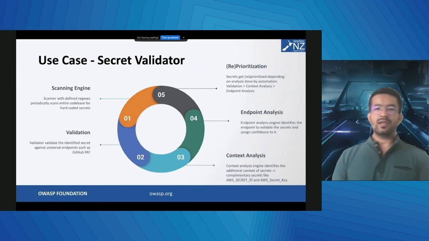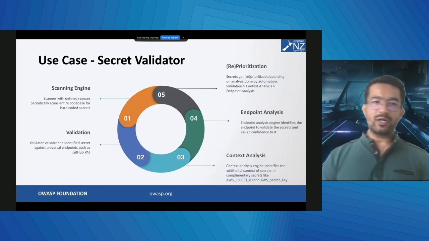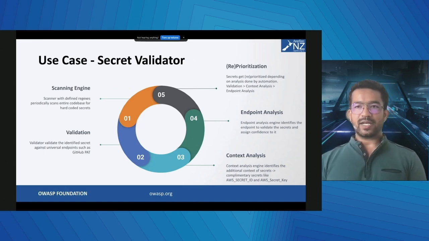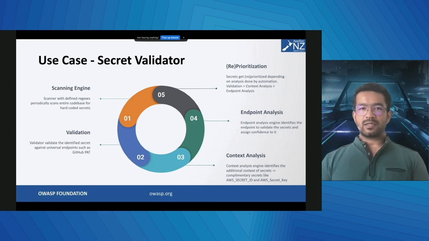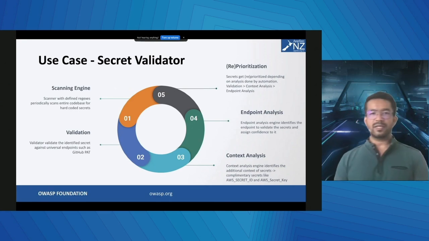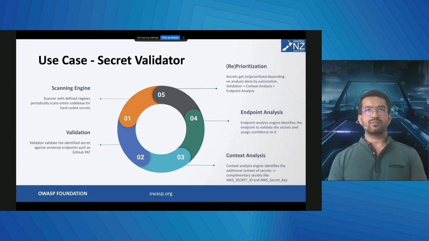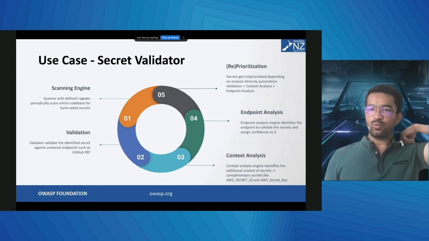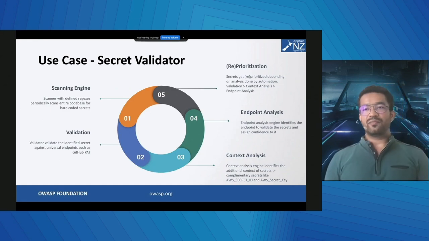Okay. So now I'm going to explain one automation we wrote. We call it secret validator. Just to give you the context, the problem statement was that we needed to remove secrets hard coded in our code base in our SCM, which is GitHub.